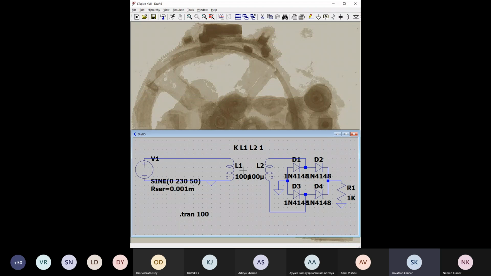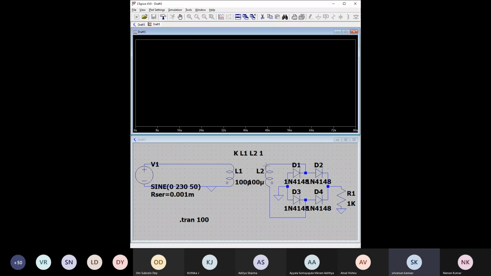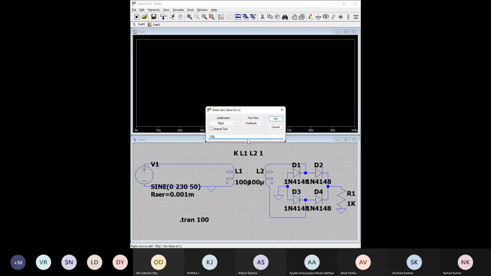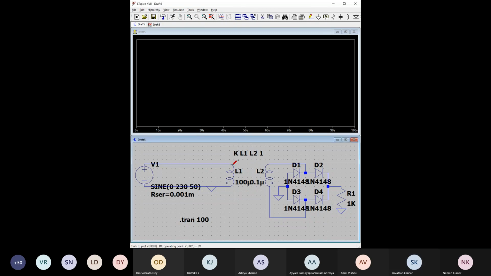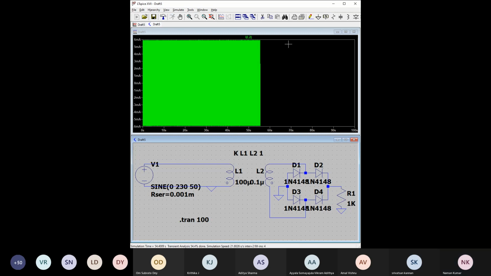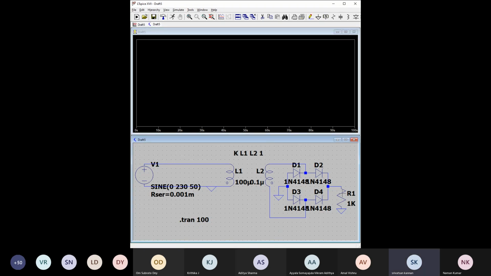Okay. Now we simulate it. Both are 100 micro, and 0.1 micro for the L2, because there won't be any step down action. Now the current is there. The waveform is like this. Adjust the time period.